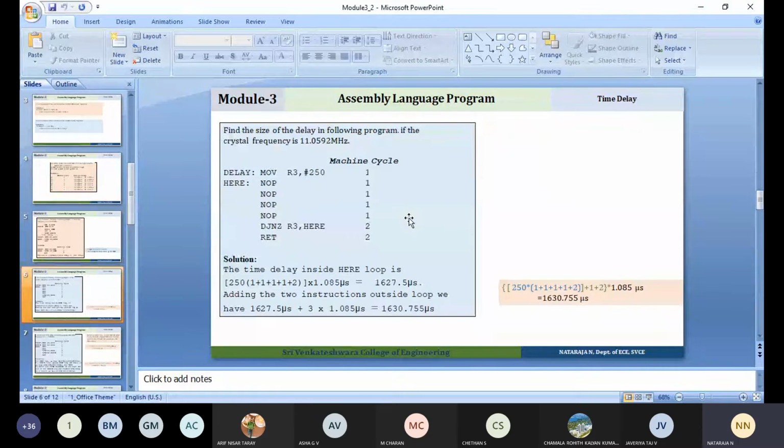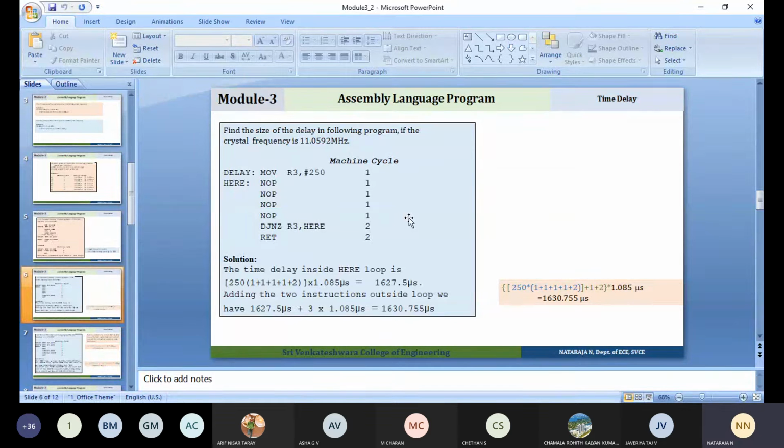Okay. Take the next program. Find the size of the delay in the following program if the crystal frequency is 11.059 megahertz. See here, I have taken directly a delay program.